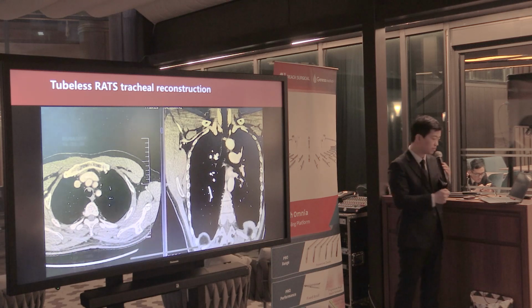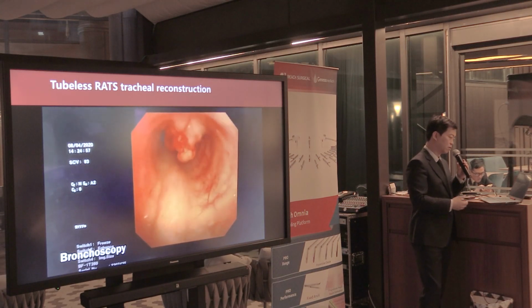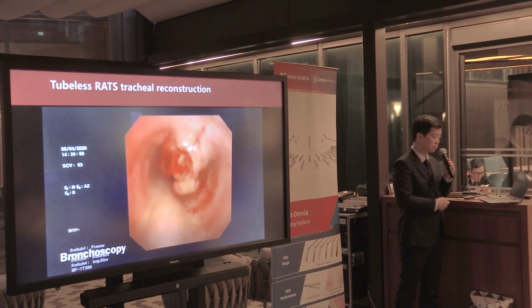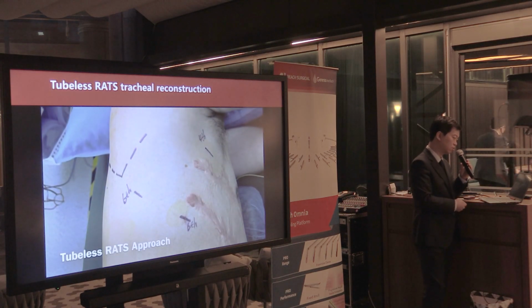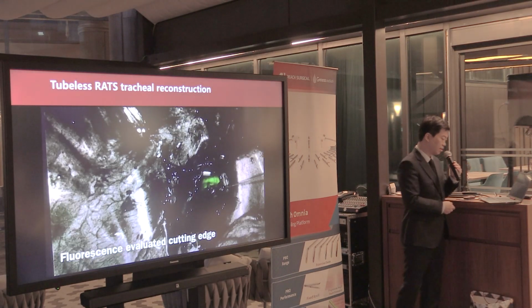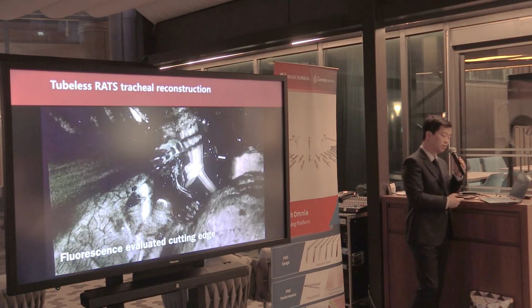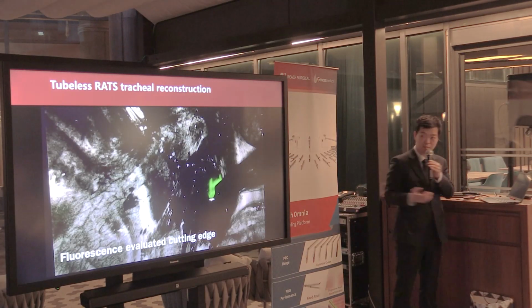Let's share the video. According to the CT scan and bronchoscopy, there was a lesion in the intrathoracic trachea, and the pathology confirmed squamous cell carcinoma. Under the evaluation, we can make a correct margin.